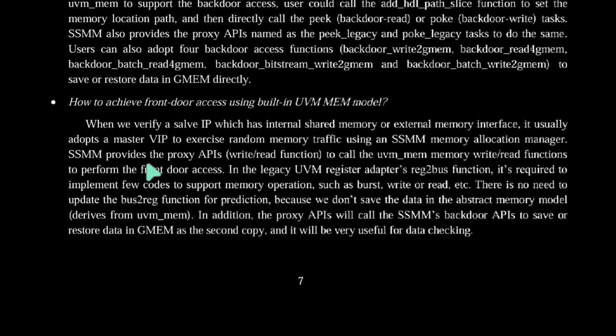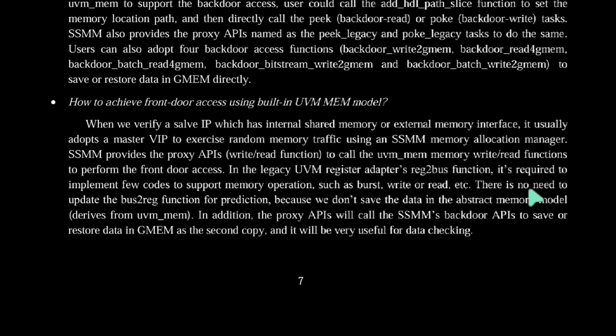SSMM provides proxy APIs, write and read functions, to call the UVM_MEM memory write and read functions to perform the front door access, and the legacy UVM register adapter's legacy bus function, which requires implementing a little code to support the memory operations, such as burst, write or read, etc.